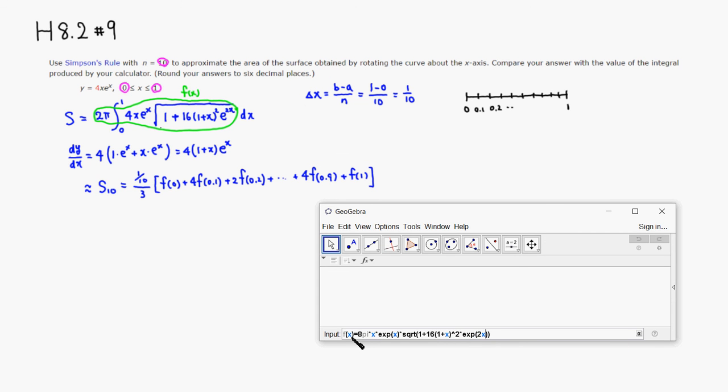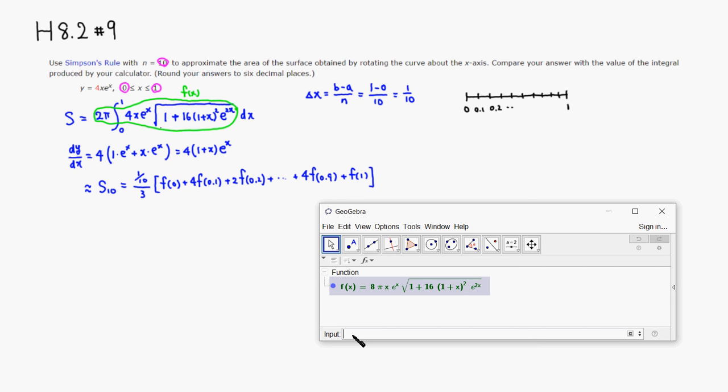Let's hit enter. So you have 8 pi x e to the x square root of 1 plus 16 quantity x plus 1 squared e to the 2x. That's the function.